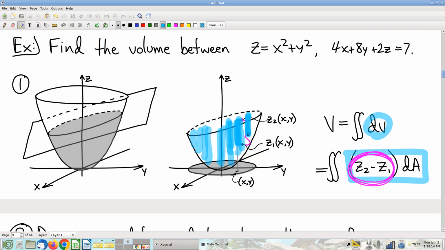There's a bunch of French fries that look kind of like that, and you get one for each little piece of what I'm going to call the shadow, right? The projection of that volume that I'm trying to compute, that projection down into the xy plane. So that projection is what I need to understand. Everybody good so far?